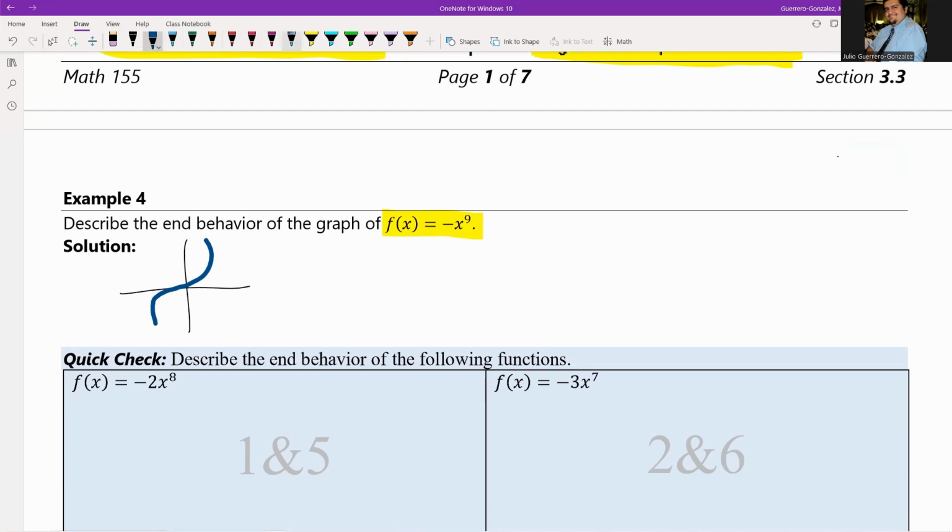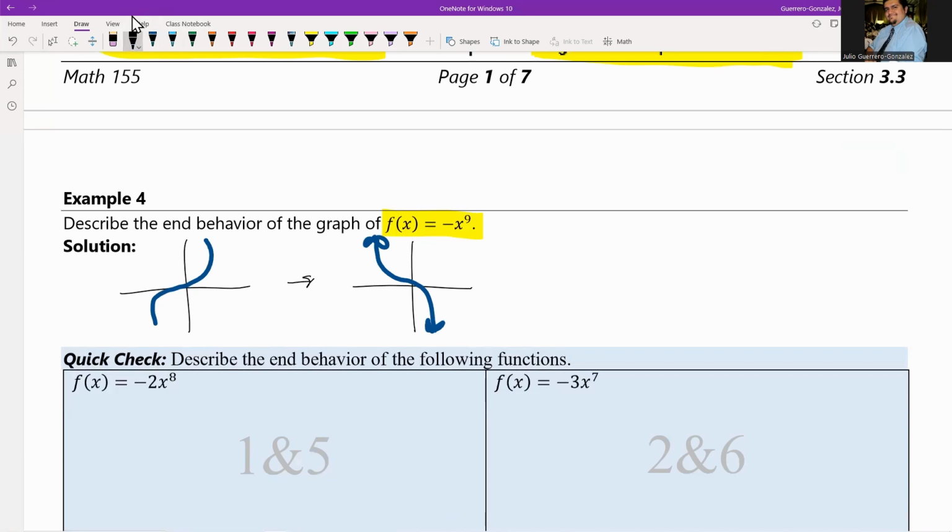Now, there is that negative right there. That means, just like it did before, our graph is going to be flipped. So my graph does this. This is a rough sketch of negative x to the 9th. It doesn't have to be exact for now.